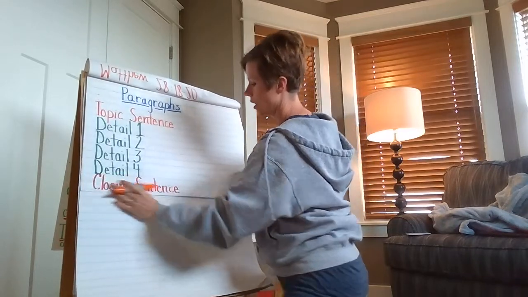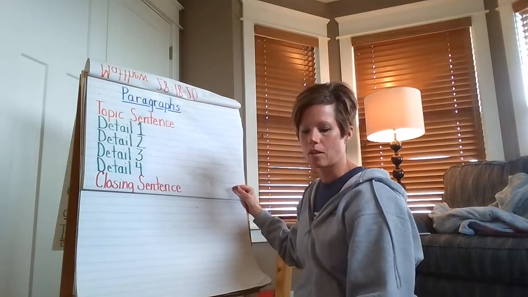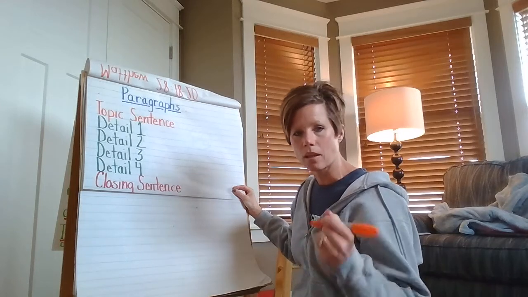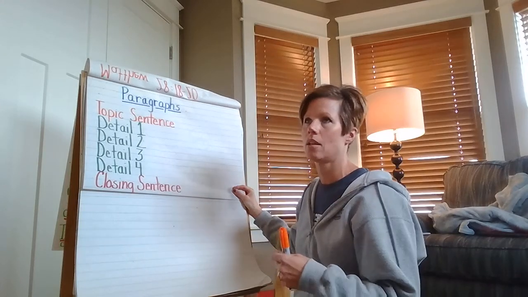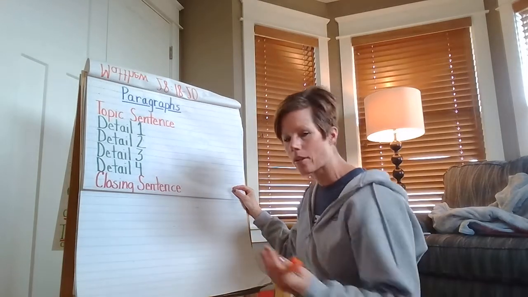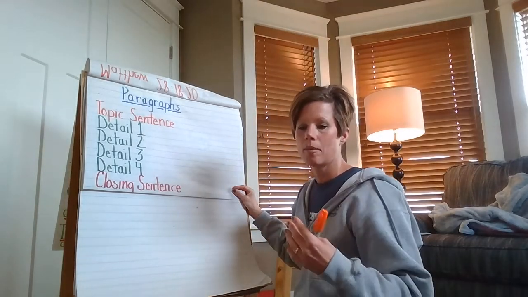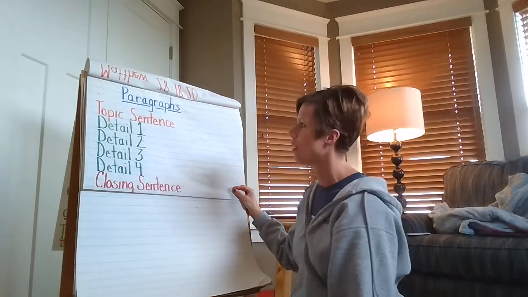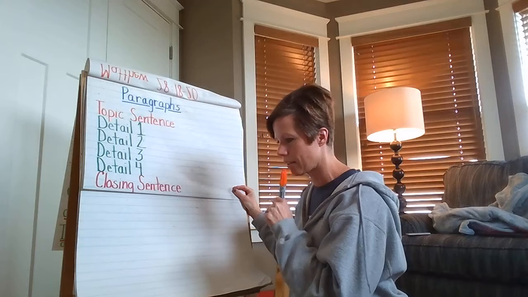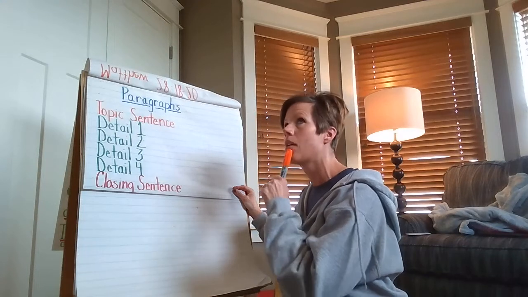All right, let's just try it like this for now. So the topic sentence. How do I want to start a paragraph out? Well, you start it out just like a story. You want to make it exciting, interesting, make your reader curious about what you're going to write about, make them want to read more. So if my paragraph is about dogs, how can I start it out?